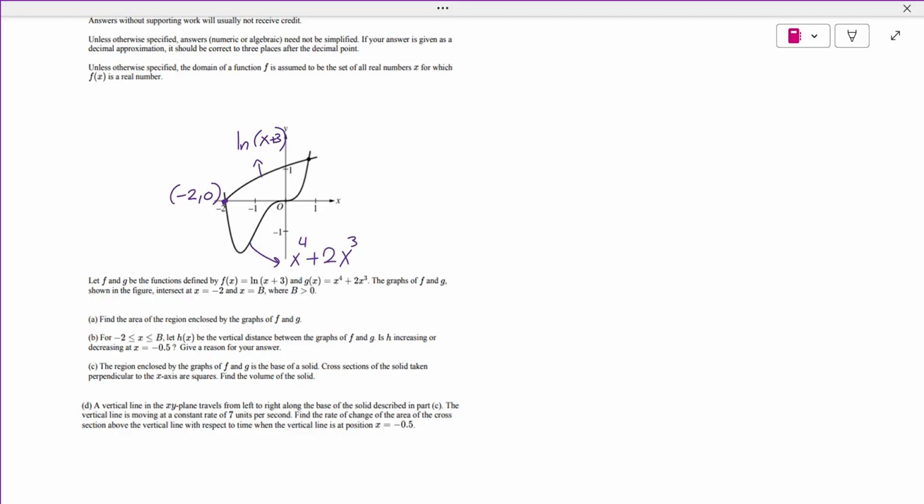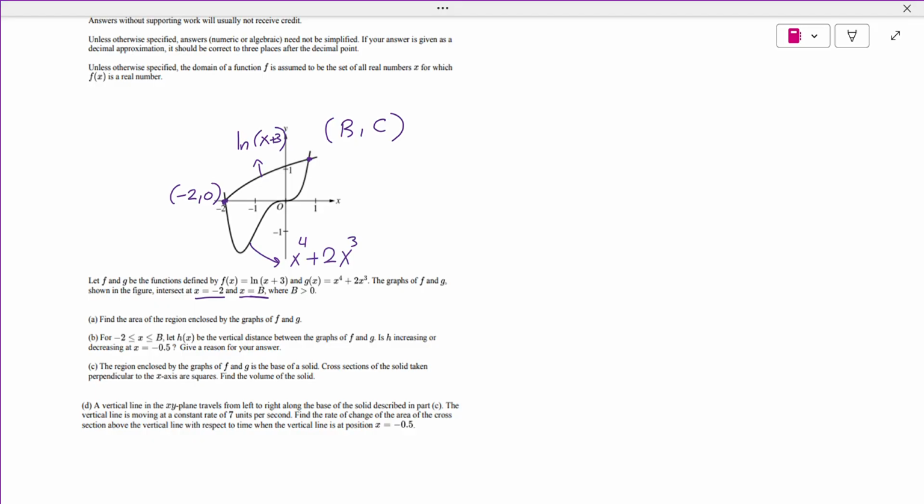And this point here, we don't know what this point is, so let's name it. I didn't use A and B. Instead, I used B and C because it says they meet at x equals 2 and at x equals b. So I named the x coordinate b.